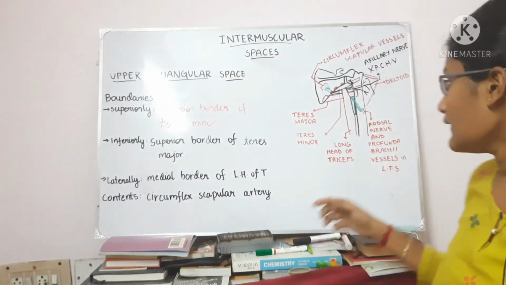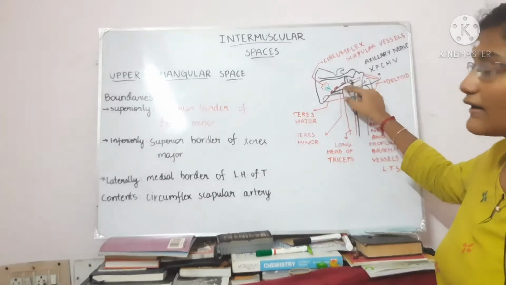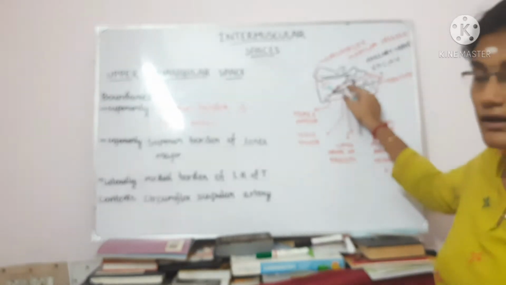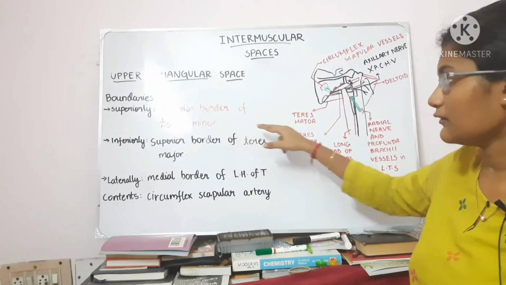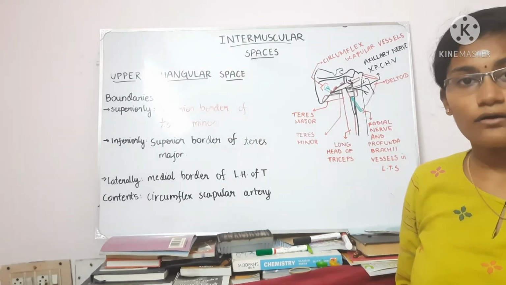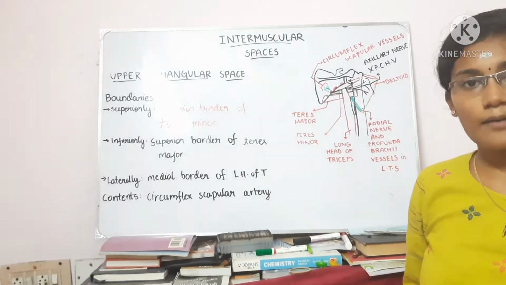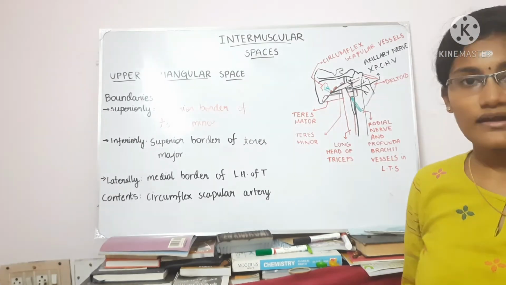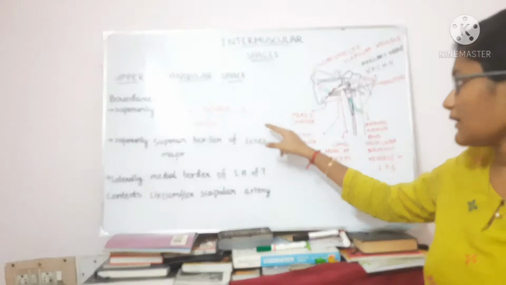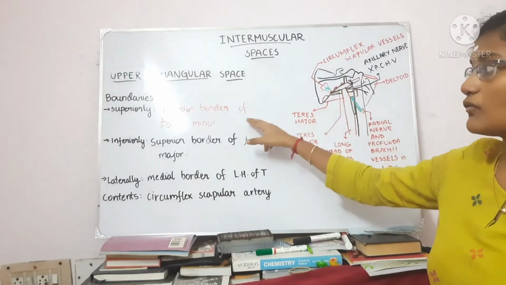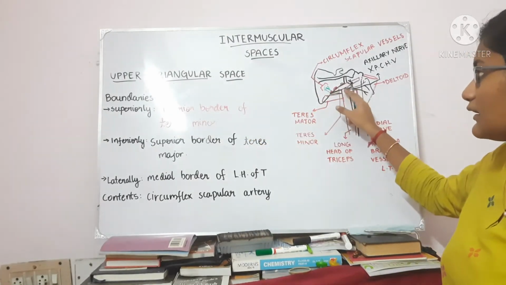Now going back to the upper quadrangular space, superiorly it was also bounded by the teres minor, and here also it is bounded by the same inferior border of the teres minor. The upper quadrangular space was also bounded by the subscapularis in the front and the posterior aspect of the shoulder joint, but in the upper triangular space it is only bounded by the inferior border of the teres minor superiorly.